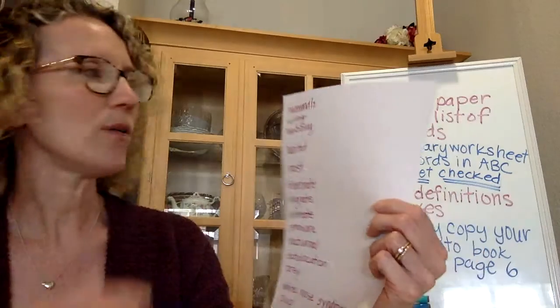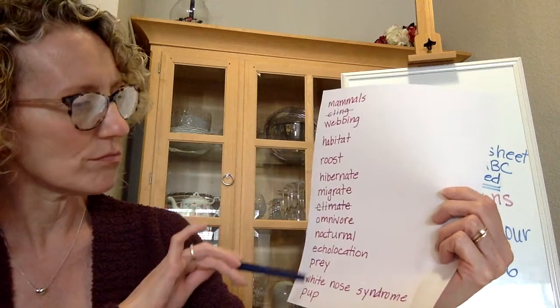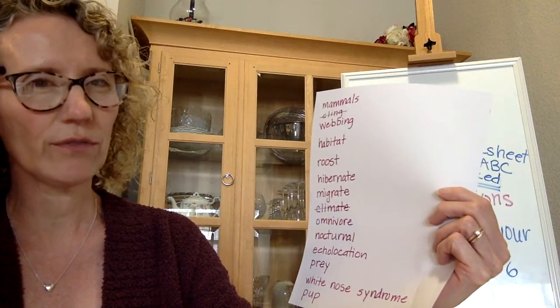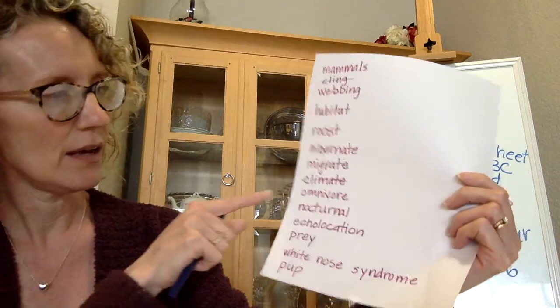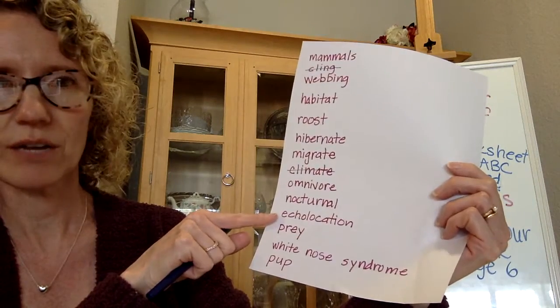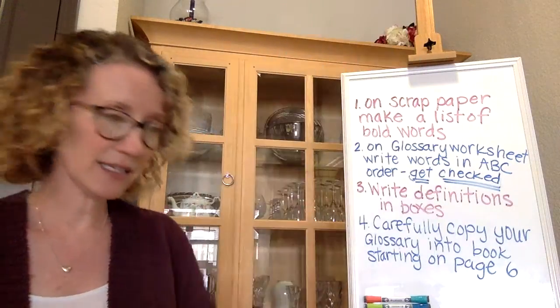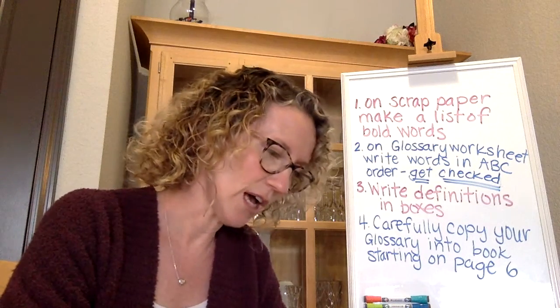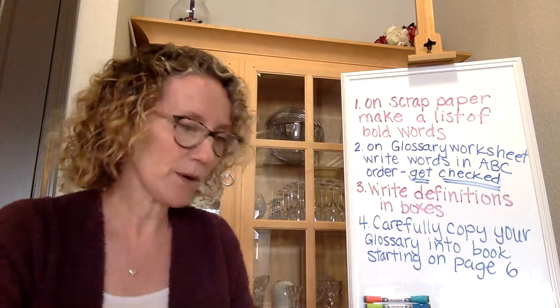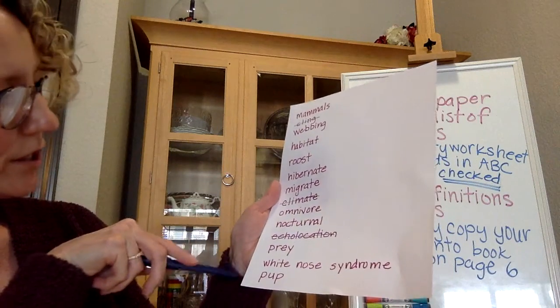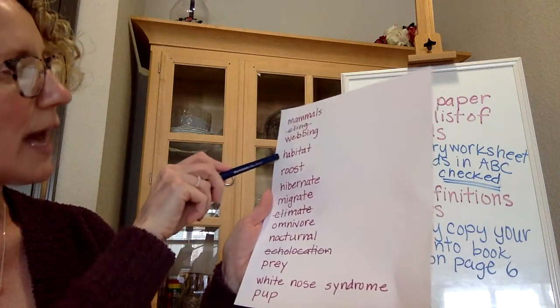Yeah. Now, do I have any D words? Nope. Do I have any E words? You see how I'm going through the order of the letters in the alphabet? I do. I have echolocation right there. So I'm going to write down echolocation on my list. I'm going to cross it off from my scrap paper. And now I got to find my other ones. F, G. Oh, I see an H. Habitat.